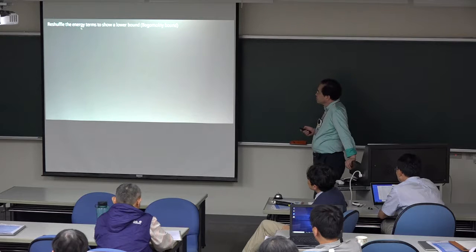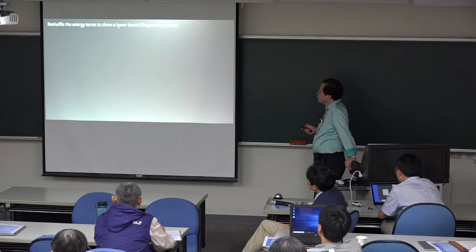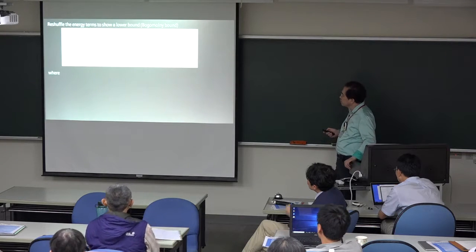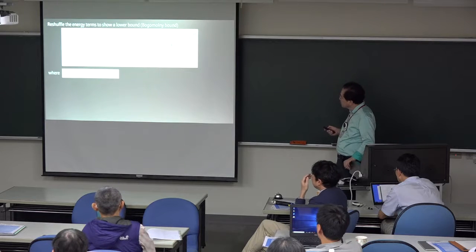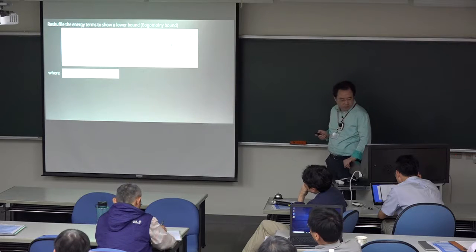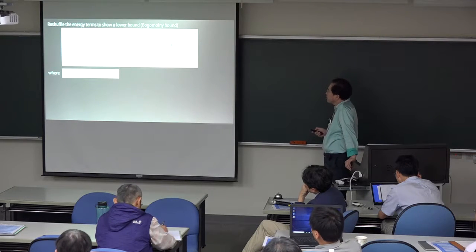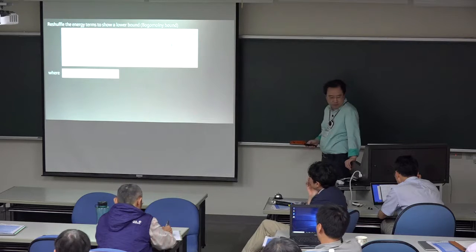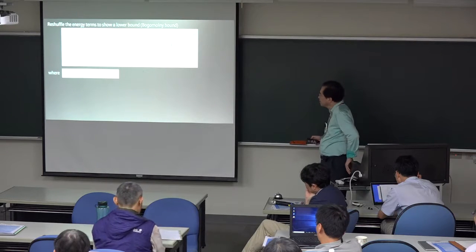So if we consider the energy terms, and then we shuffle them to achieve a lower bound, the so-called Bogomolny bound, then you can reshuffle the terms like this. And the third term vanishes at spatial infinity because the current goes to zero rapidly. Then this magnetic flux has the quantized value times the rest energy of each vortex.